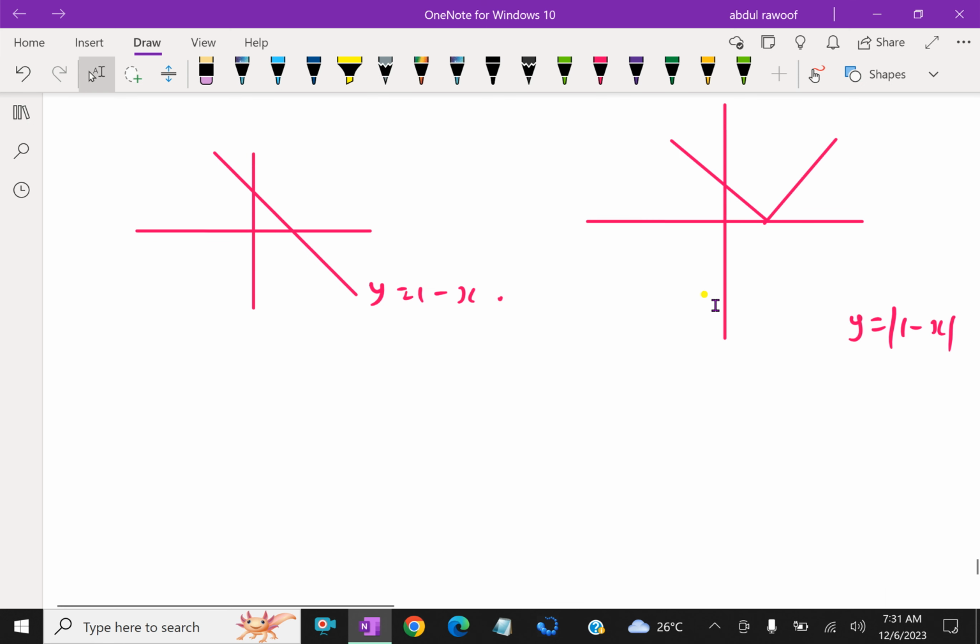Here, positive x, positive y, and here positive y, negative x. Look at here, y equal to 1 minus x is the function. Here the function y equal to modulus of, that is the absolute value of, 1 minus x gives this shape, with positive values on both sides.